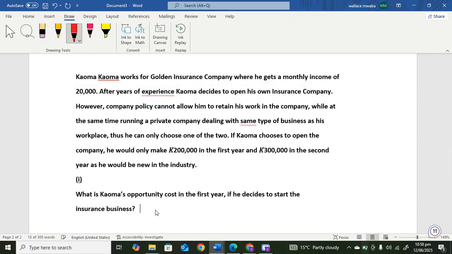So in a year, what is his yearly income? The opportunity cost is the yearly income from the job, which is 20,000 a month times 12 months.